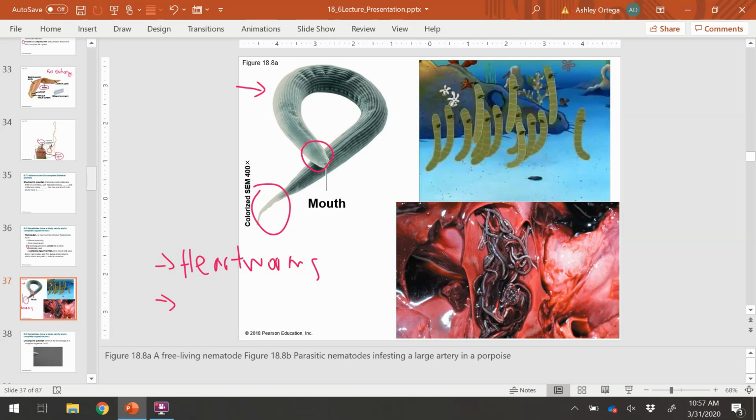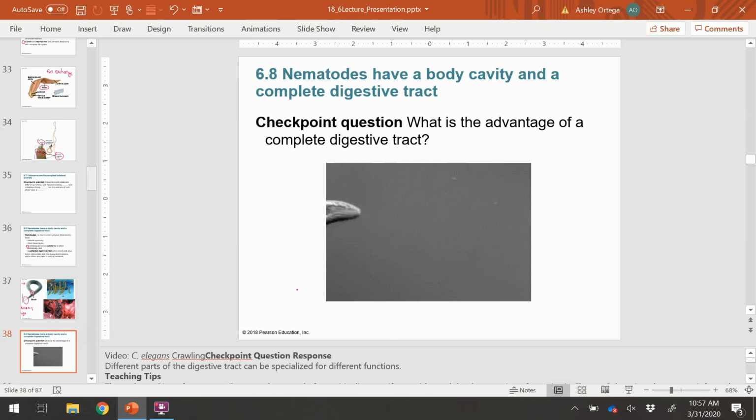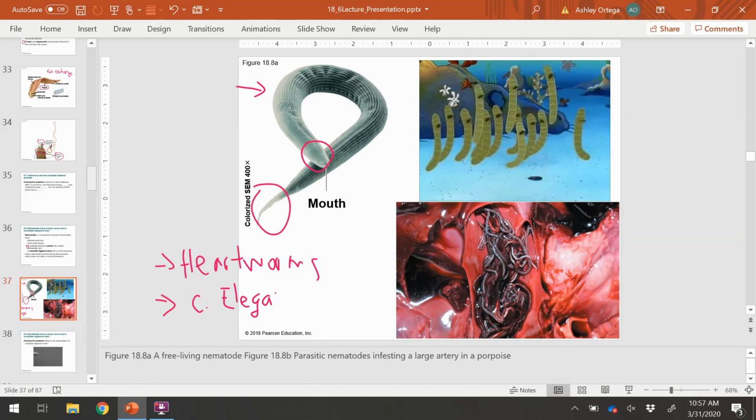Another type of nematode is something called C. elegans. This is a nematode that's free-living, so it's not parasitic. And sadly, it is one of the most well-studied nematodes out there.